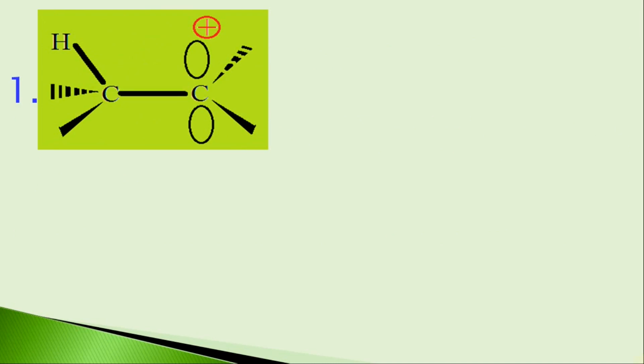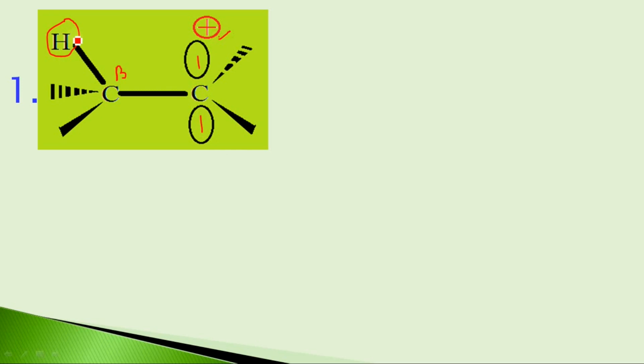In the first case, it is the lighter isotope protium which is present on the beta carbon, and this is the carbon where the bond cleavage has taken place. This carbon contains a developing or developed empty p orbital, and it has a positive charge, so it is a representation of a carbocation.